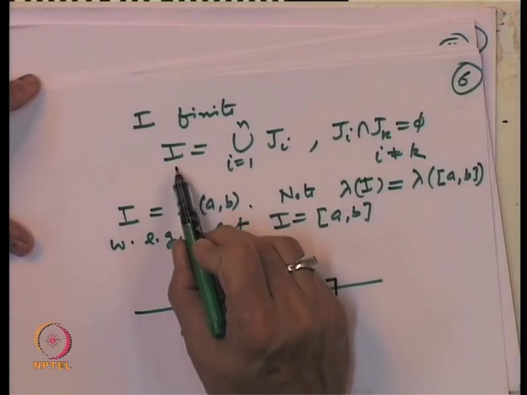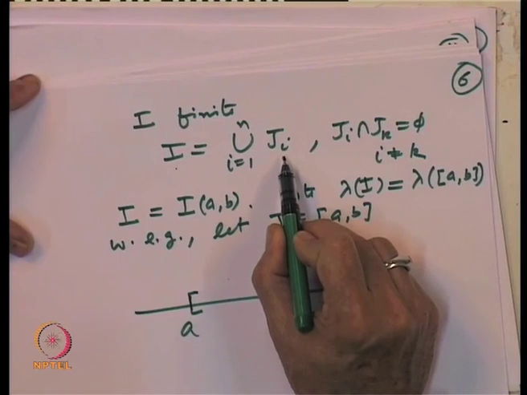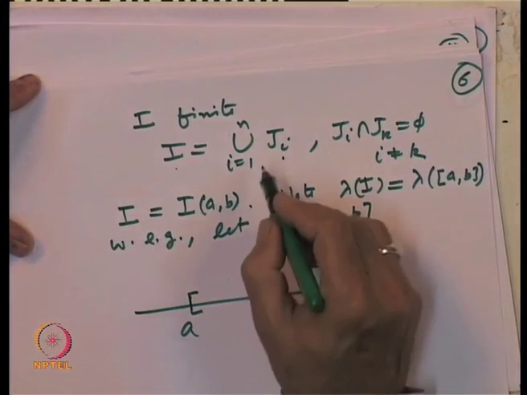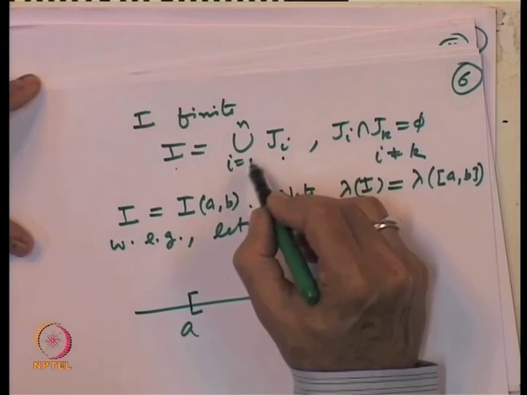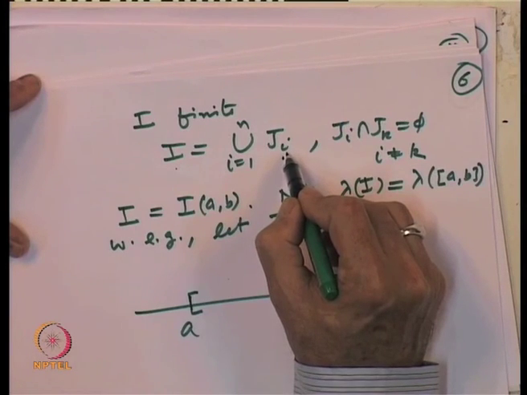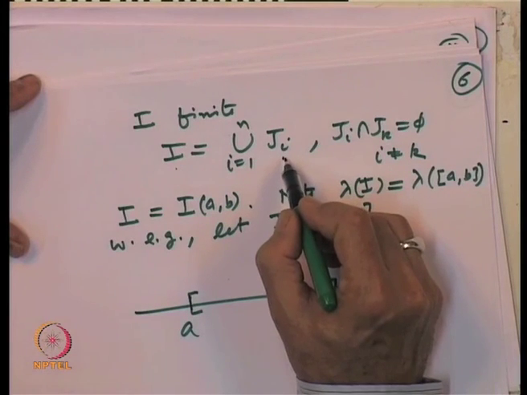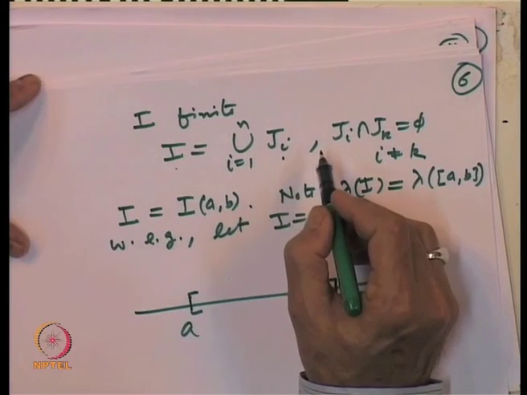Now, I is equal to the union of j_i's. So, the point a belongs to this union. So, it should belong to one of the intervals j_i's, and actually it has to be an endpoint of one of the intervals, because the interval cannot start somewhere else.